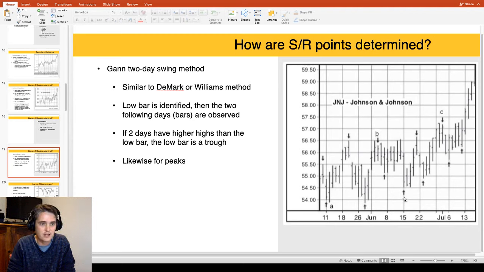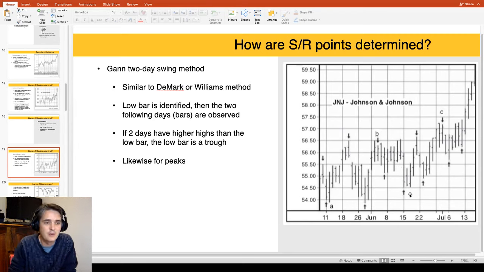Looking at this one again, remember we're looking for just a higher low than this particular bar. In this case, according to the DeMark or Williams method, we have identified a support point because we have higher lows on either end of our low bar.